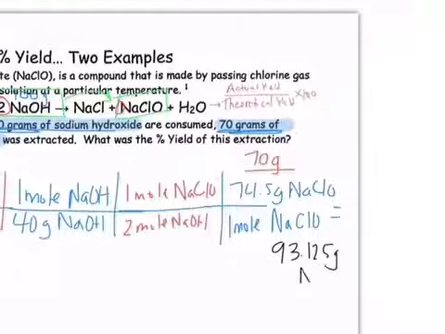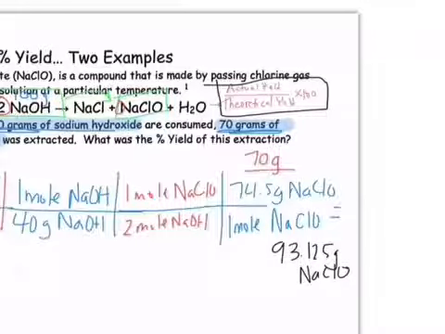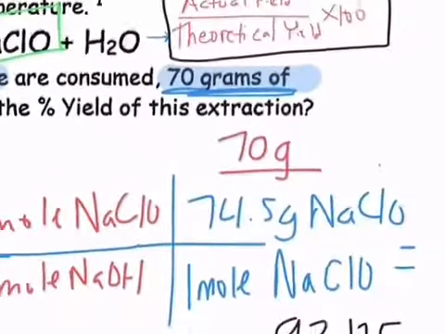We want to see just how much we get. Well, we already have the 70 grams here. 70 grams, that's how much we actually got. If we divide that by 93.125 grams, my theoretical, times 100, what do I get? I get about 75.2%.